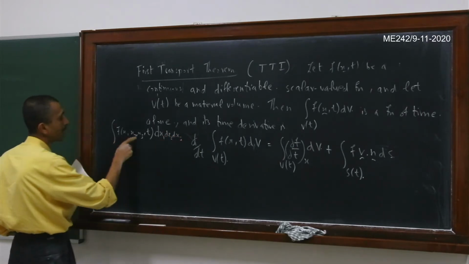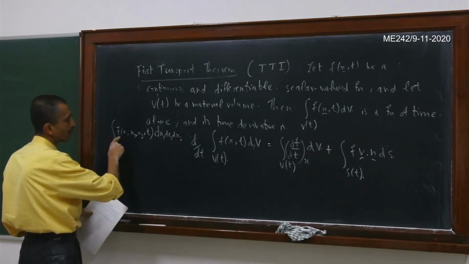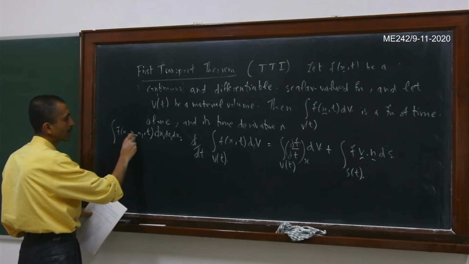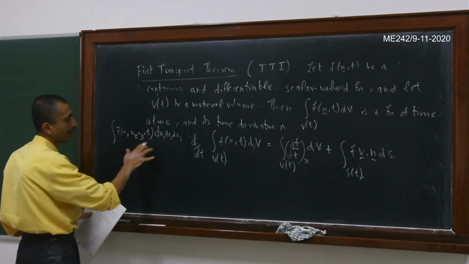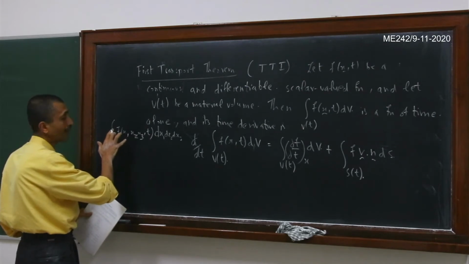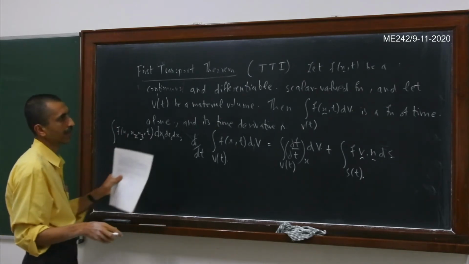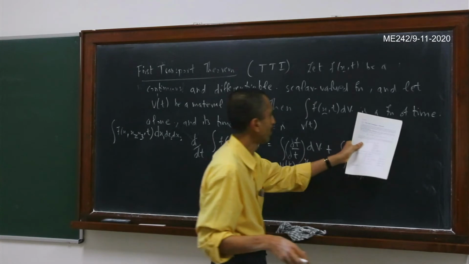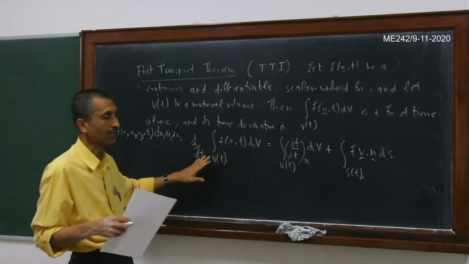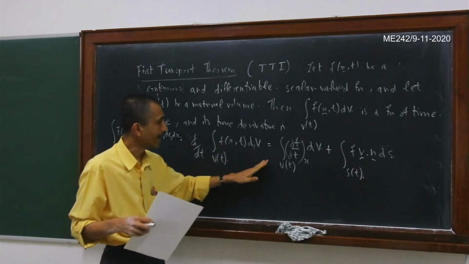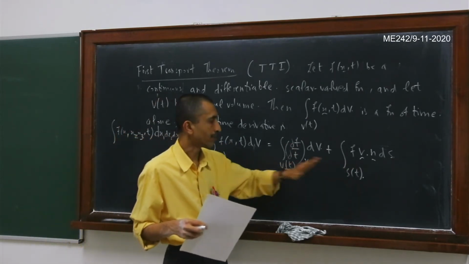So when you integrate this, you are integrating it over the variables x1, x2 and x3, right? So after integrating it, it will remain only a function of time alone, right? So that is what is written here, that this whole thing is a function of time. And now you are taking the time derivative of this function, which is a function of time alone, and that derivative is given by this particular expression here.